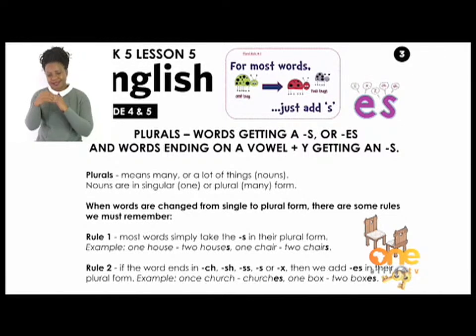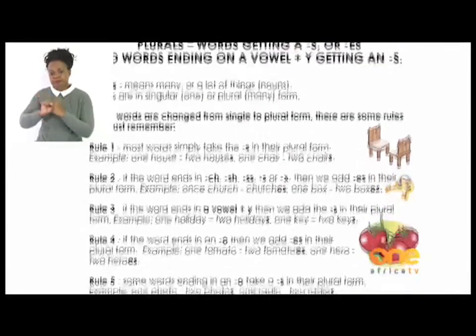Rule number 2. If the word ends in CH, SH, SS, S, or X, then we add ES. Let's look at the examples.